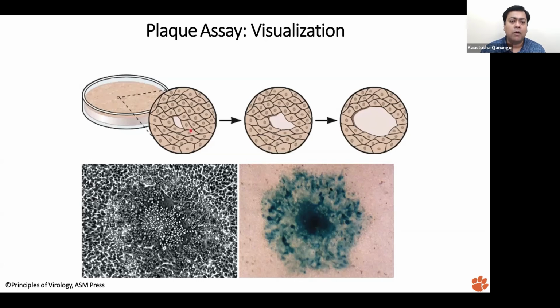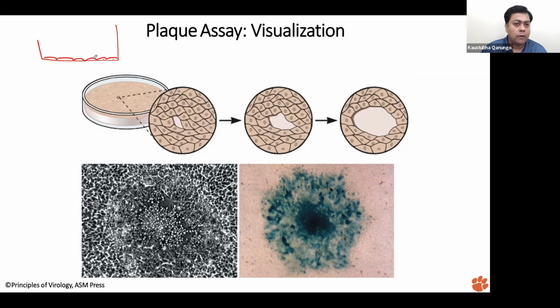Just an overview: you take a Petri plate, and on that Petri plate, you plate the cells, and suppose they are growing in a monolayer. Remember what we mean by a monolayer, this is an important concept, in case you are not familiar with it. Think about the bottom of the Petri plate, and the cells are growing in just one layer, not on top of each other.